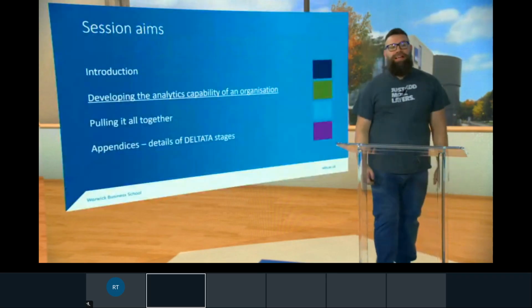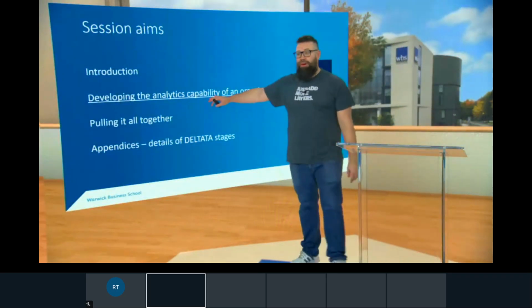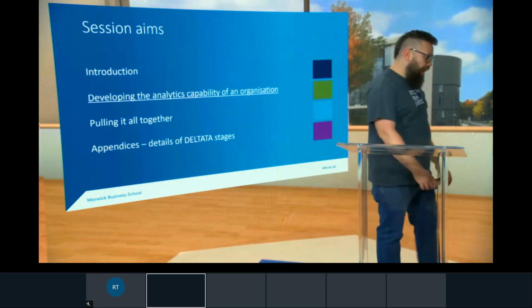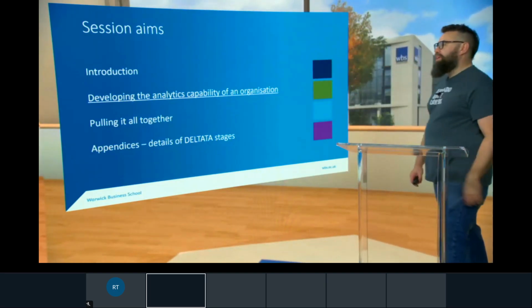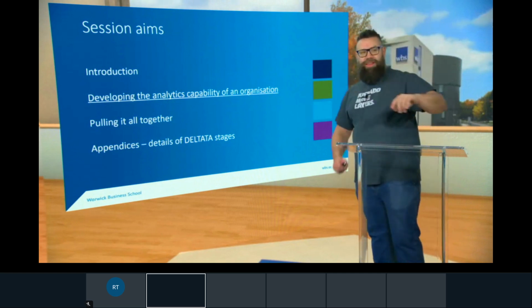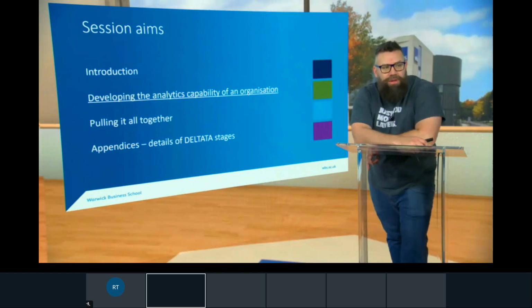So the idea today is we'll spend the vast majority of time on this bullet point here. We'll use Delta TAR as a framework for dividing the sorts of analytics work you might do and thinking about how you might make advancements in each area.